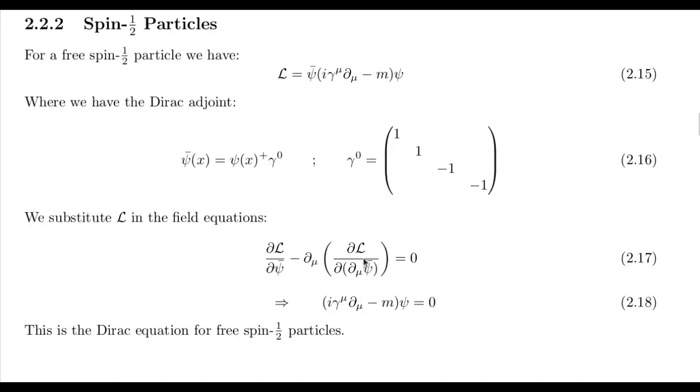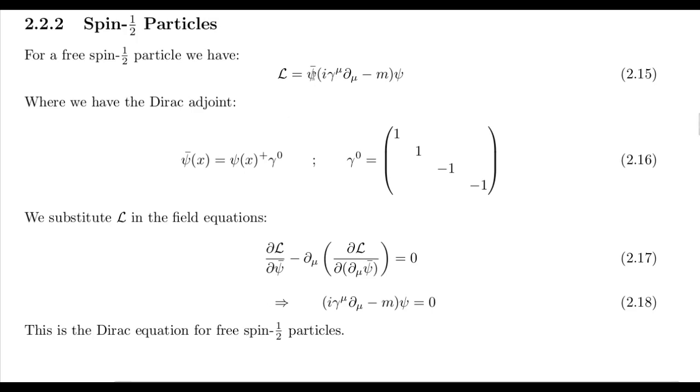Then spin a half particles. For free spin a half particles we have the Lagrange function 215, this one here. Here we have to apply the Dirac theory. That should be clear from relativistic quantum mechanics.